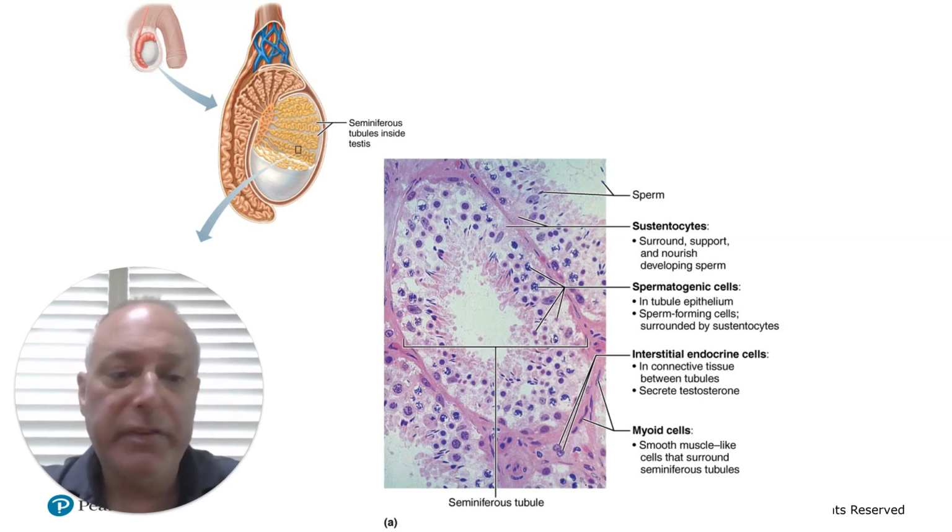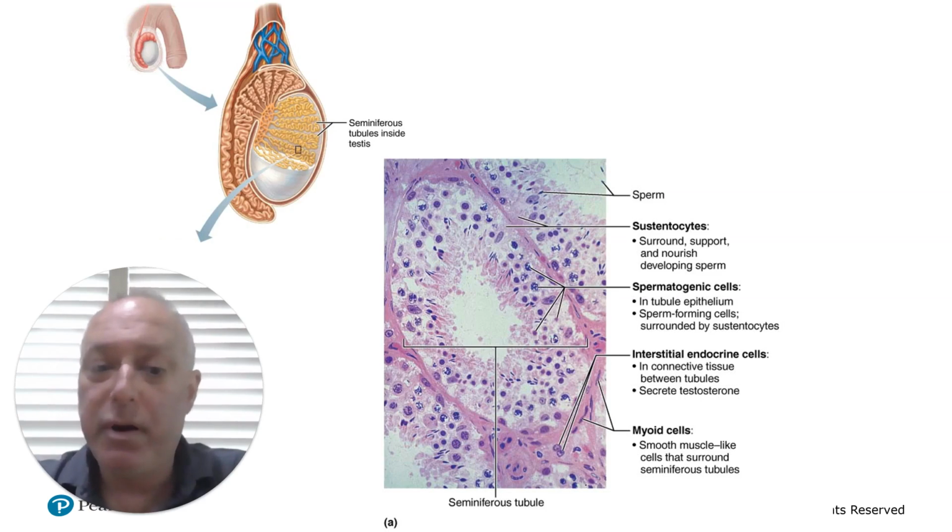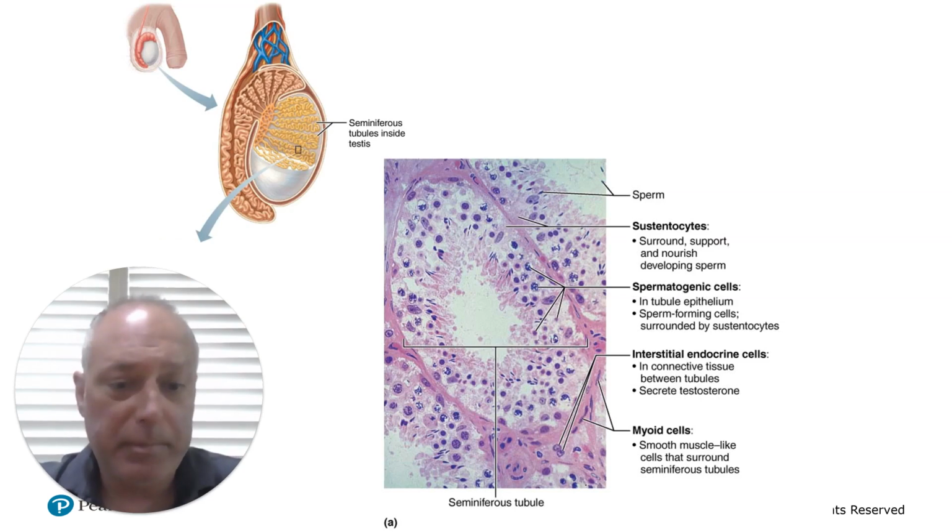There's also interstitial endocrine cells. These are the ones that are going to secrete testosterone. So the interstitial endocrine cells will produce the testosterone that makes this person male. There are also some smooth muscle like cells around the seminiferous tubules, and they can also contract and regulate temperature of the surrounding sperm.